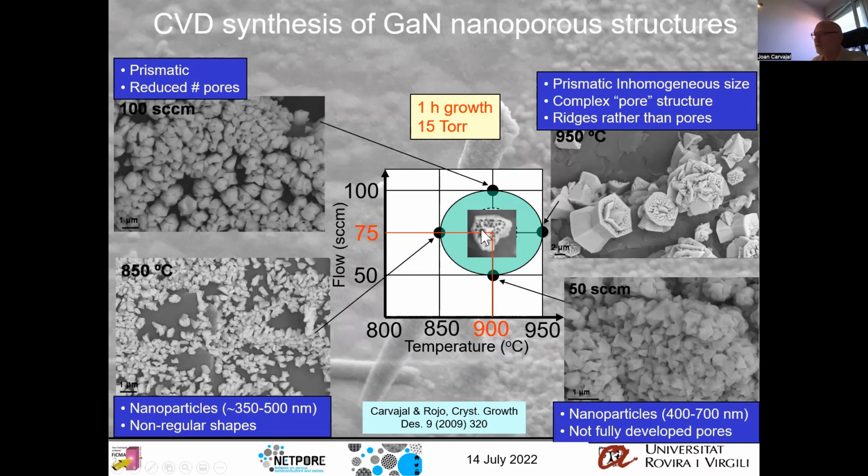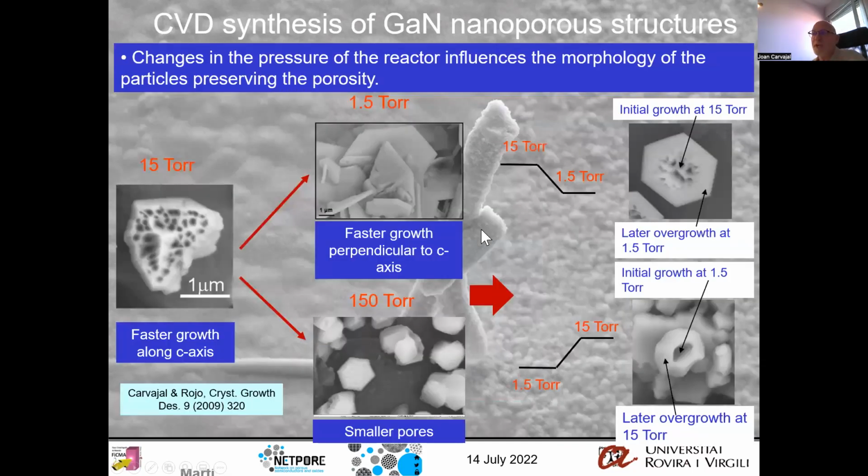precise conditions of growth. Even if we change the pressure in the reactor, we can see differences. For instance, 15 torr is the pressure that we use. If we reduce it, we obtain thinner plates that might have some porosity.